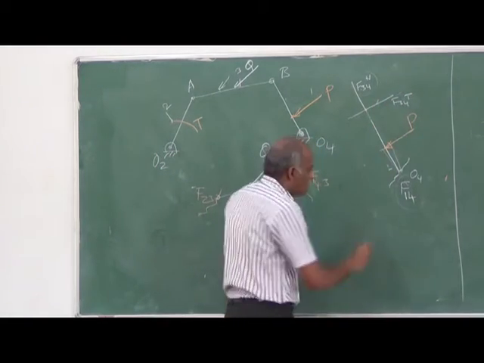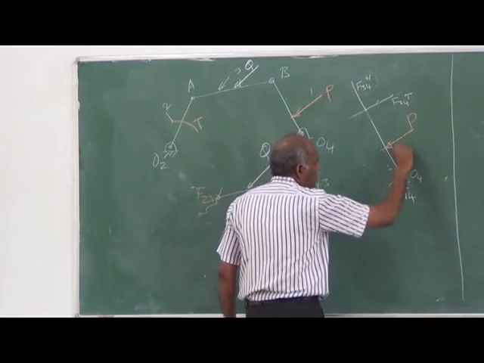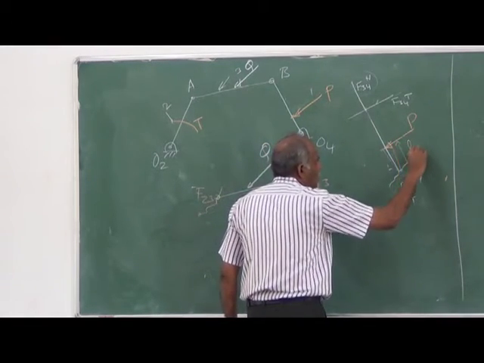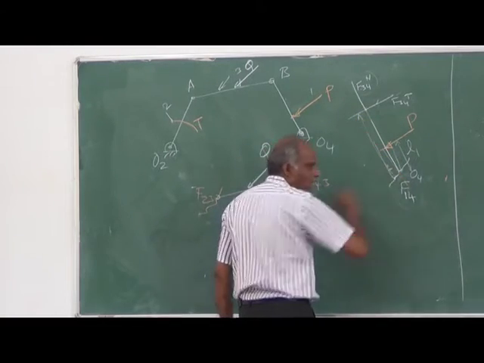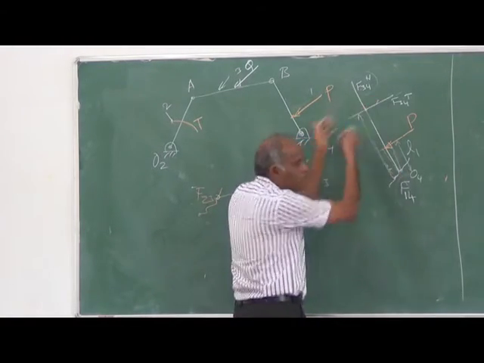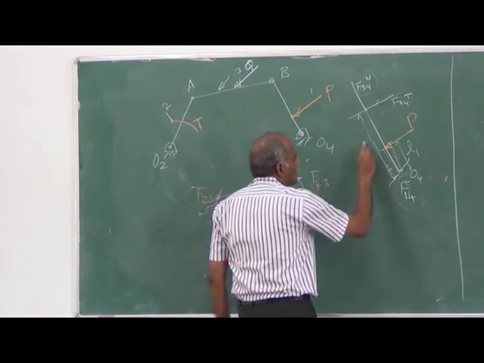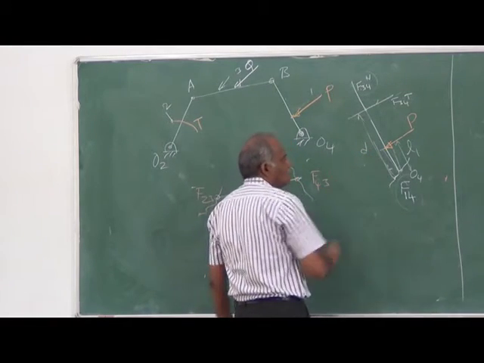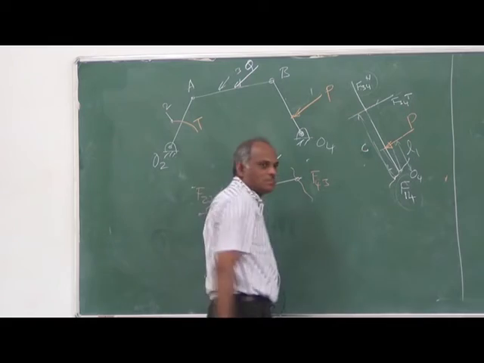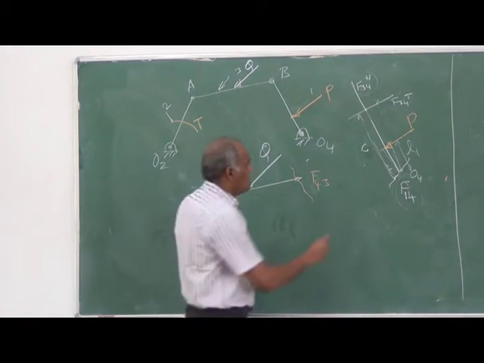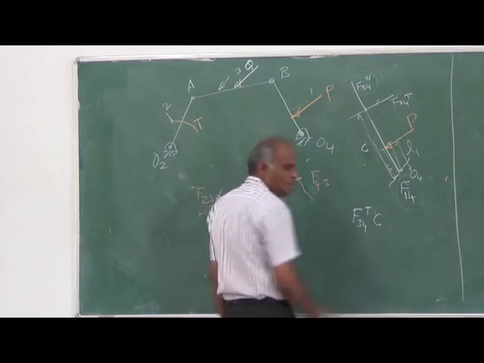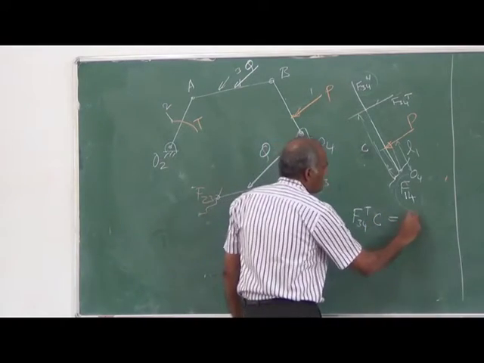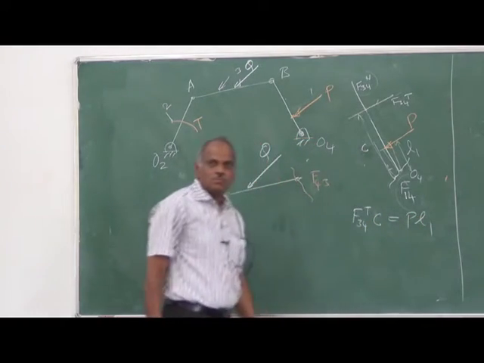Now, if I take the moment arm of P as L1, the moment arm of F34 tangential is the length of the linkage, C, because it is perpendicular to it. So we can write the moment equation: F34 tangential into C must equal P into L1.